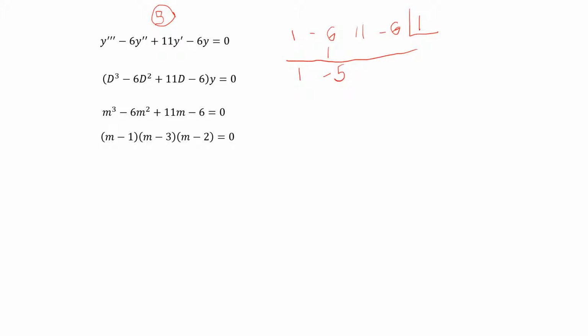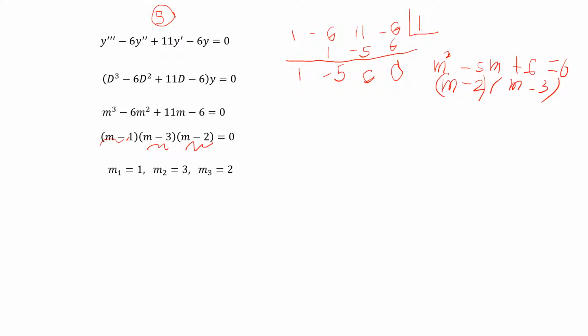Negative 5 times 1 is negative 5. 11 minus 5 is 6. Times 1 is 6, and then 0. So the remaining factor is m squared minus 5m plus 6 equals 0, whose factors are m minus 2 times m minus 3. That's why you get m minus 1, m minus 3, and m minus 2. So these are the roots 1, 2, and 3.